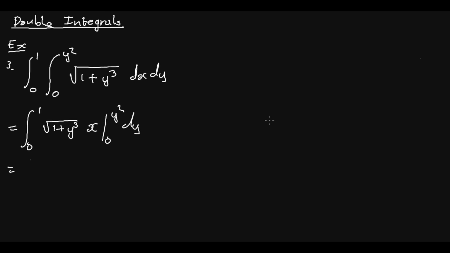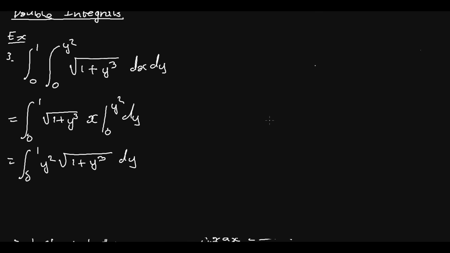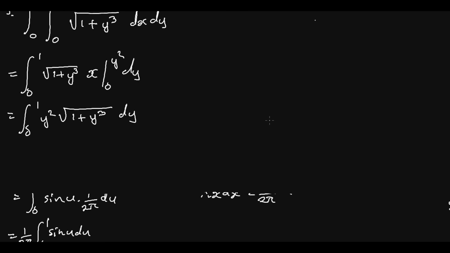So therefore, we are getting 0 to 1. Let me write the y squared here as the upper limit, times 1 plus y cube. The lower limit will be 0, so I omitted that one. So this is equal to, you can see here we can also use the u substitution, or you can use the compensation method, it is up to you.